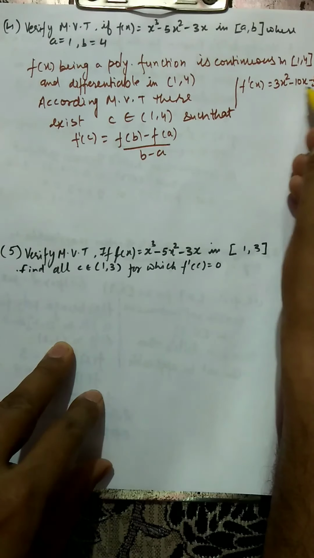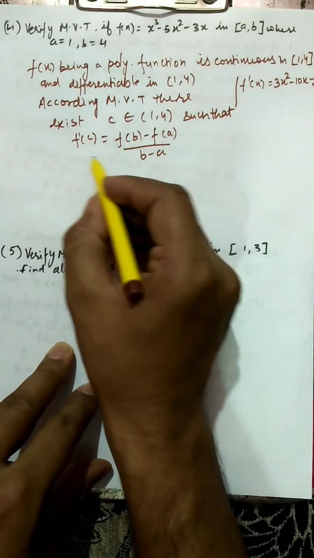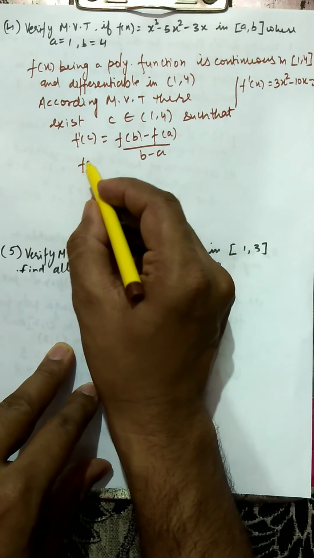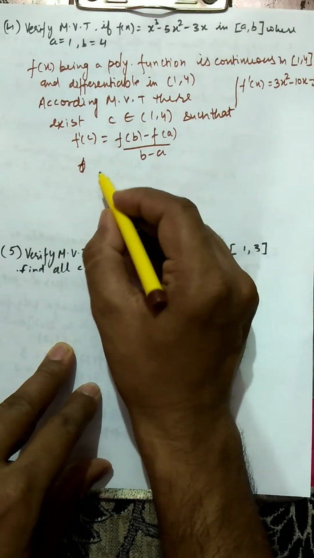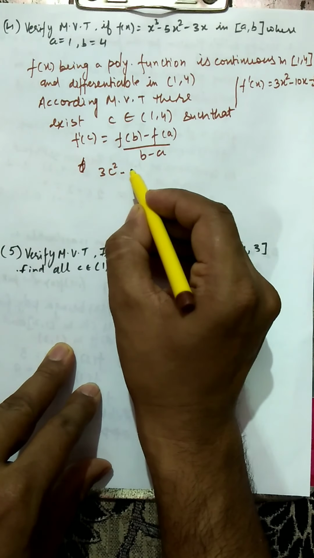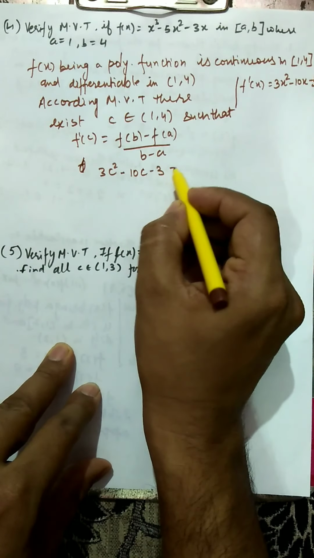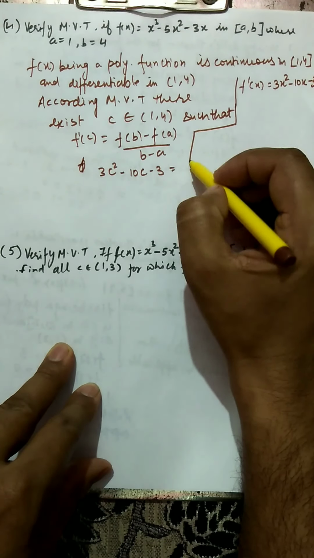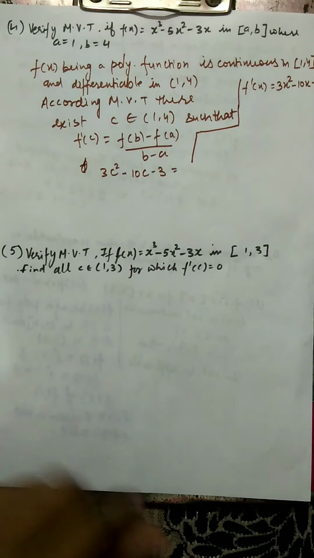So f'(c) will be this one. You can put the value directly here: this will be 3c² − 10c − 3, and we'll calculate the value of f(b). We can do the calculation here so that you can save your time.